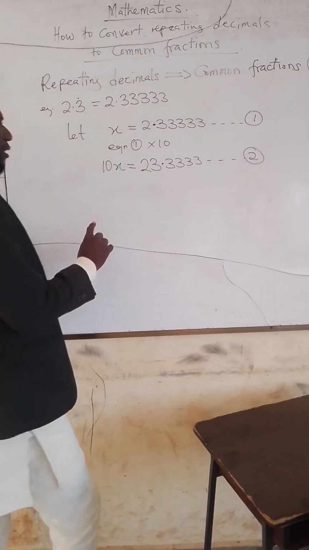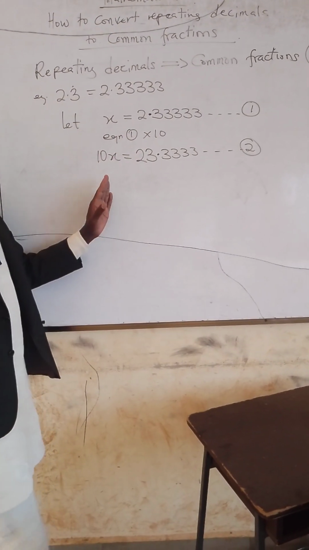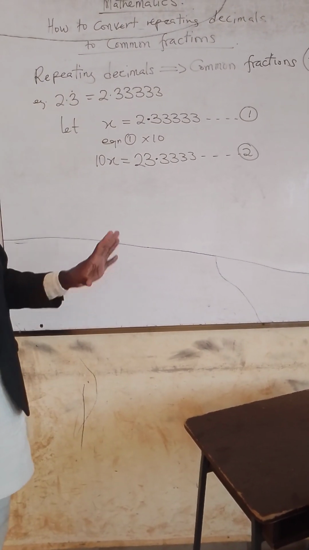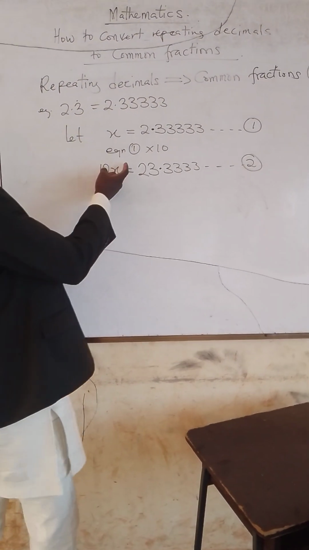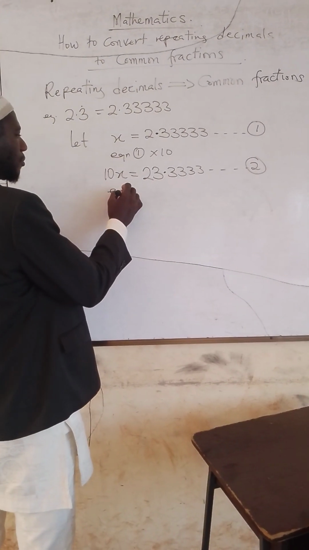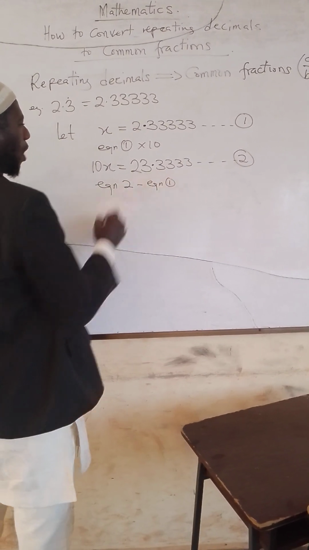Now because we have 2 equations, we have to solve them simultaneously to get the value of x. If you get the value of x, then it gives us what we want. So we say equation 2 minus equation 1.